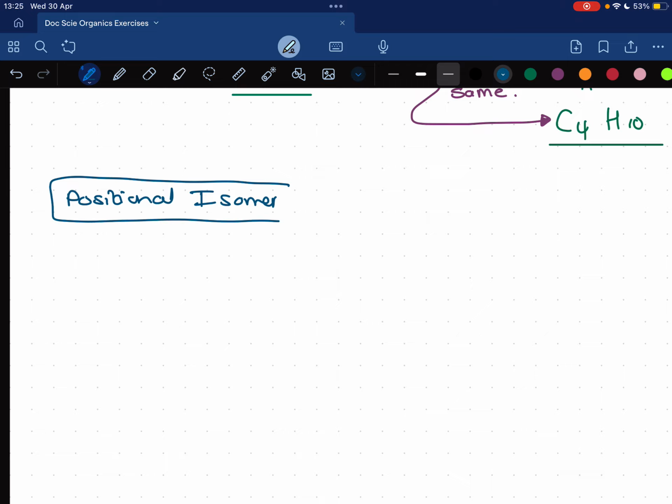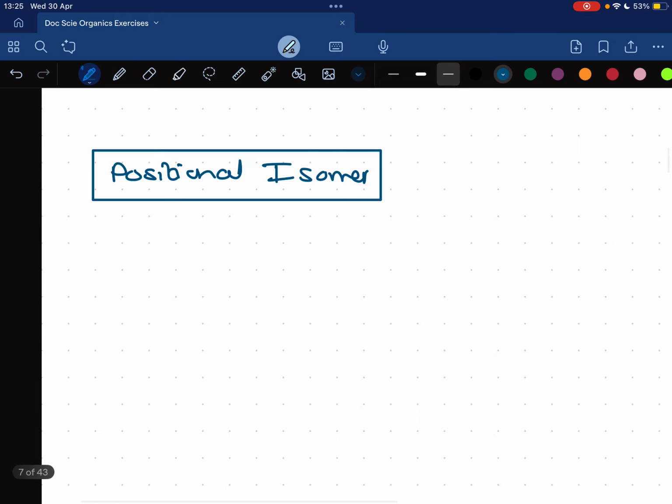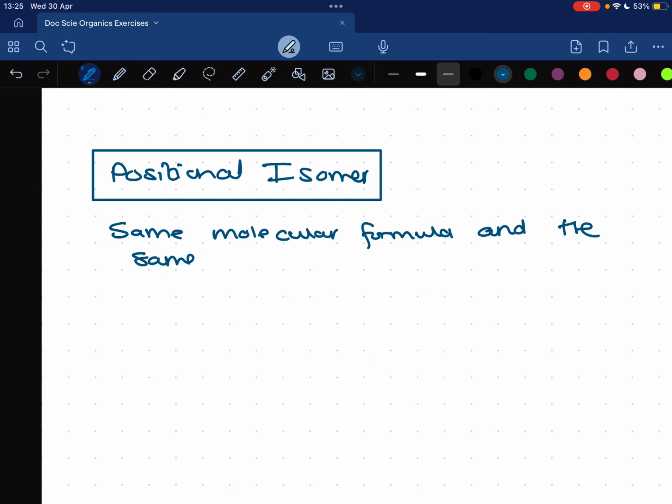So the word positional isomer kind of gives itself away as to what it is. So it is compounds that have the same molecular formula again, and the same functional group.